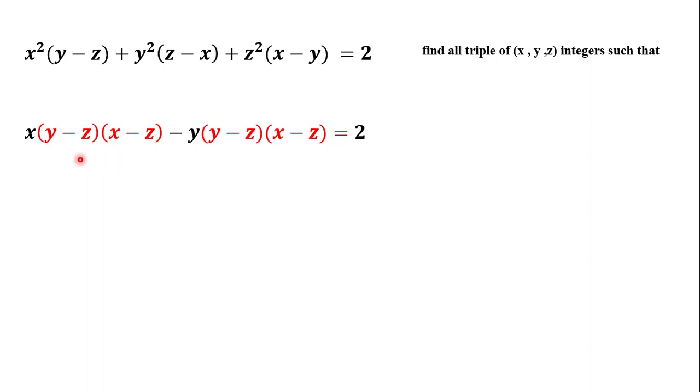The red term is common in the first expression and the second expression, so we can factor it out. We are going to get x minus y times y minus z times x minus z equals 2. Now we need to look for three integers whose product is 2.